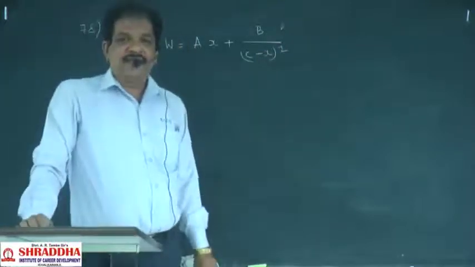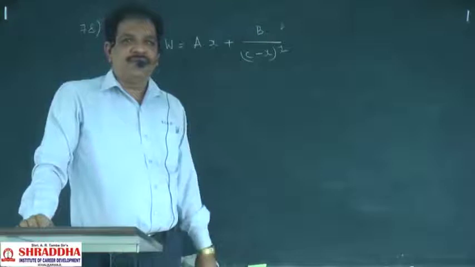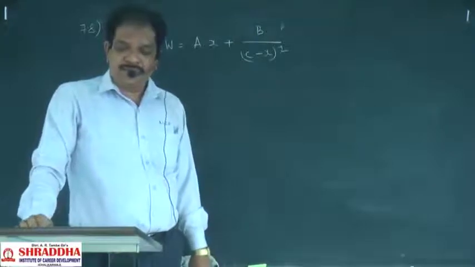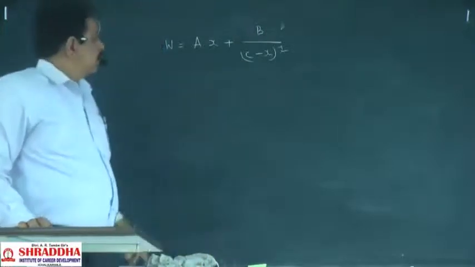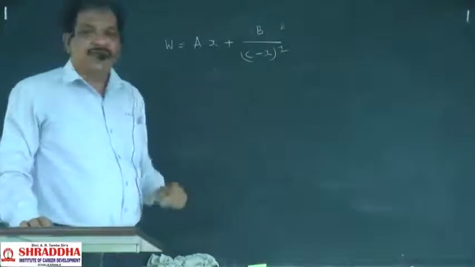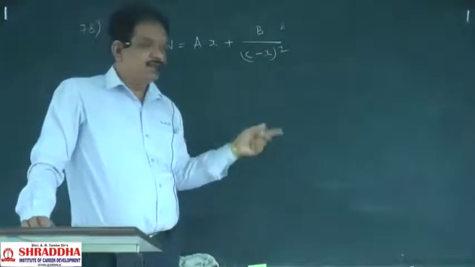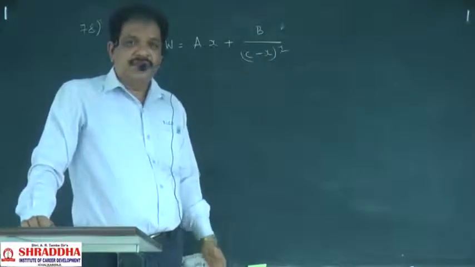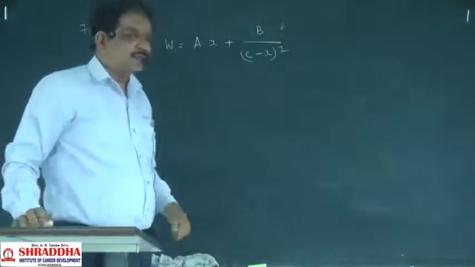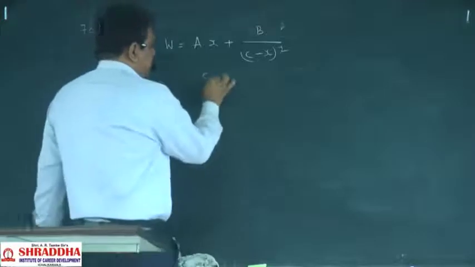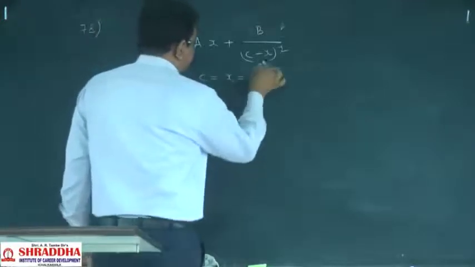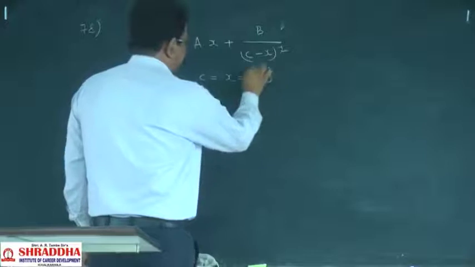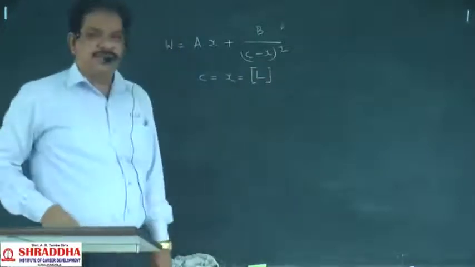Then the dimensional formula of B is what? That is the question. C minus X we are doing means C and X will have the same dimensions. X is displacement, so C is equal to X. So X dimensional formula will be L.